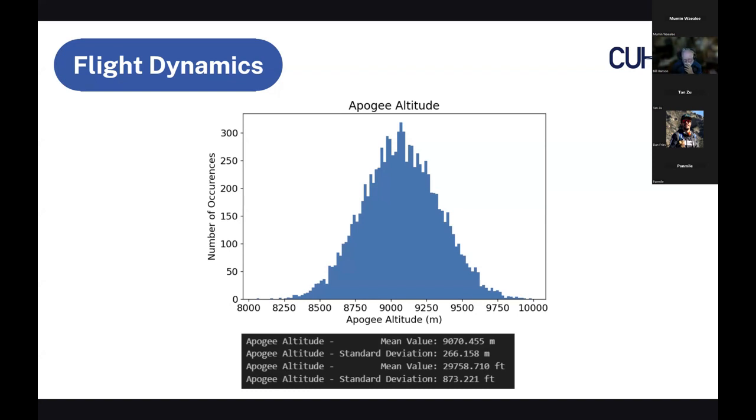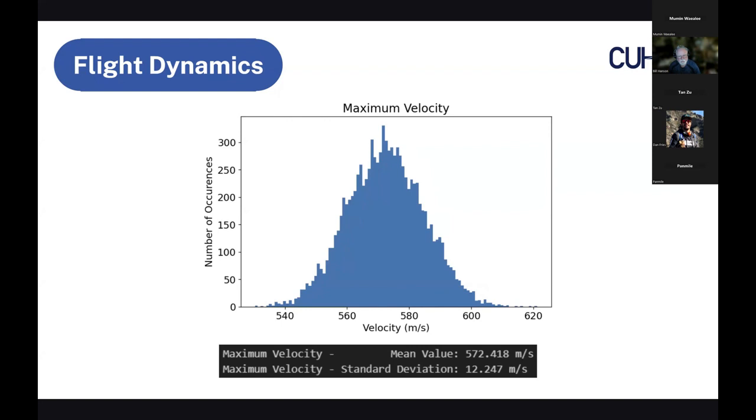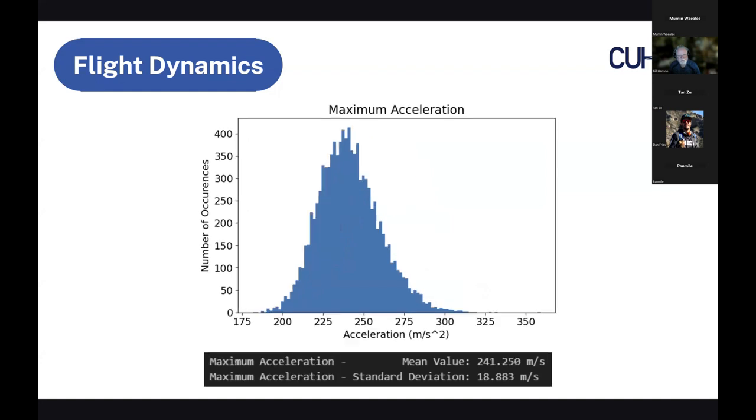We have an apogee of 9,000 meters, which is about 29,750 feet, a maximum velocity of 572 meters per second, and a maximum acceleration.